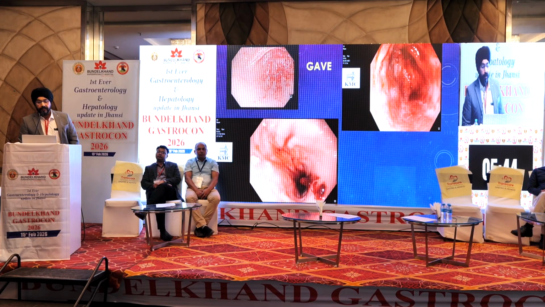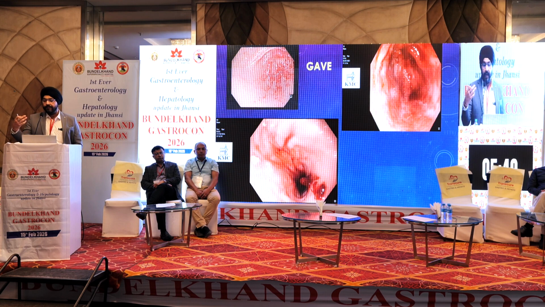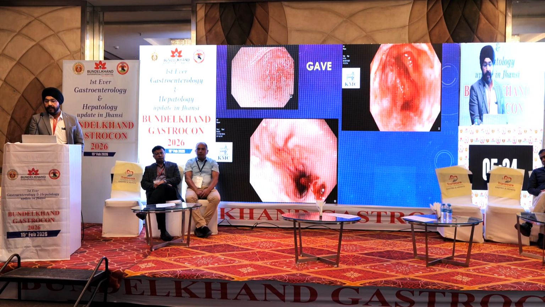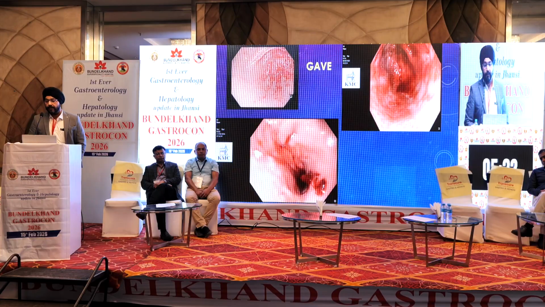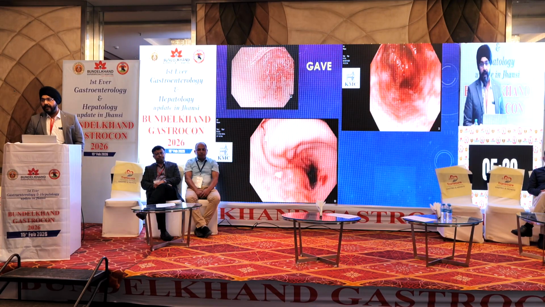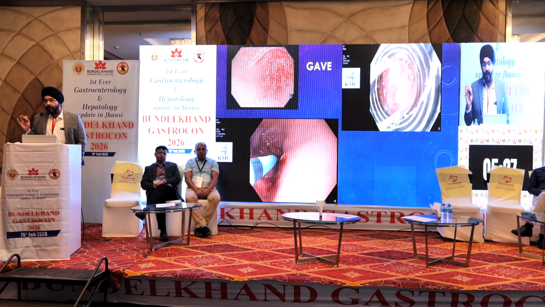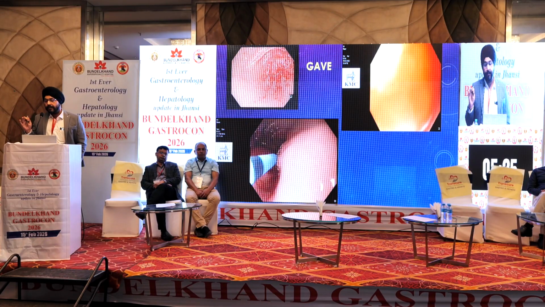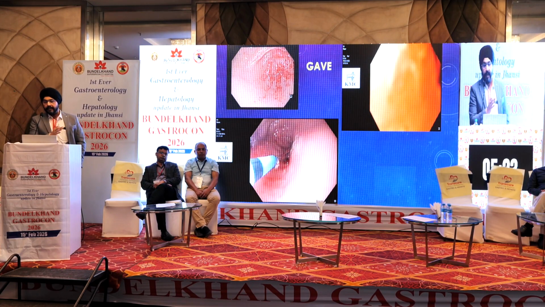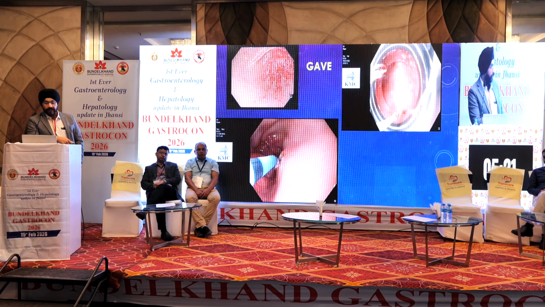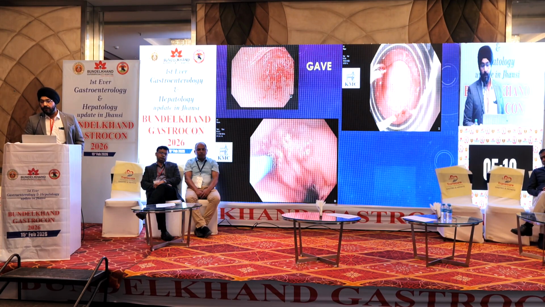GAVE is gastric antral vascular ectasia. In the antrum of the stomach we have these malformations, which can take the form of either a diffuse form or a watermelon form. Here there are two modalities of therapy which we usually follow. Either we can burn these AV malformations by argon plasma coagulation, so we give argon gas, and you can see here we are giving argon gas and burning this malformation.